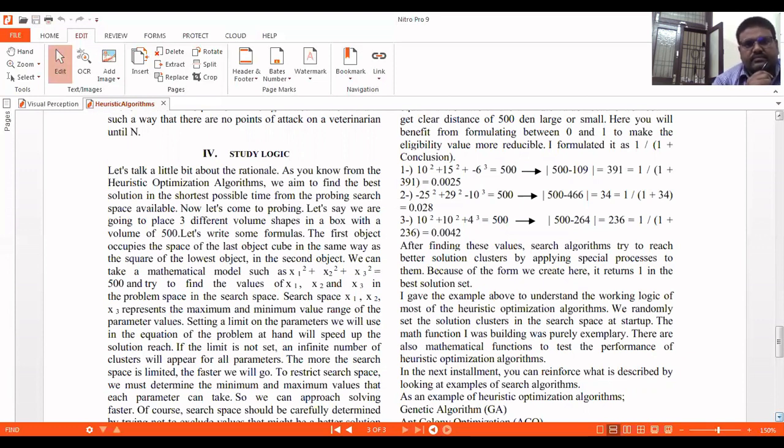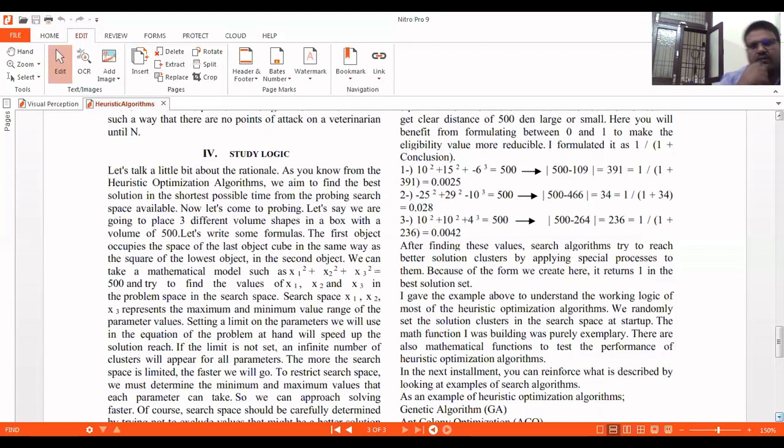If the limit is not set, an infinite number of solutions will appear for all parameters.